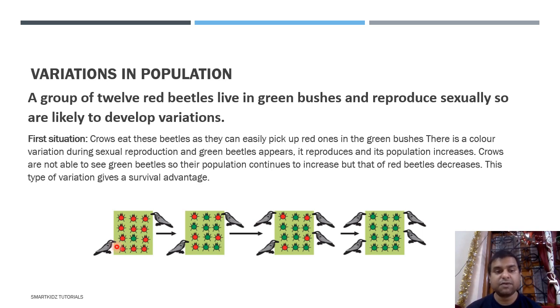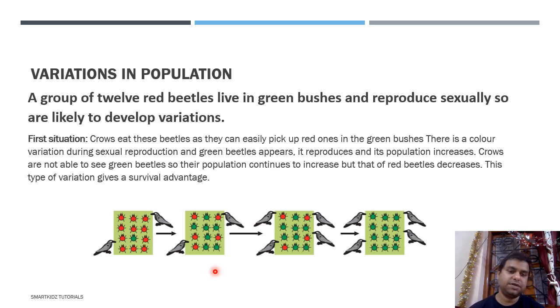Why does he survive? Because he's not visible to the crows; his color is giving him protection. It's a green beetle in a green bush, so it is difficult to see. You may have noticed a green snake in the grass. Will you be able to notice that? No, unless it moves, then you will be able to locate the snake because of the movement, but otherwise not at all.